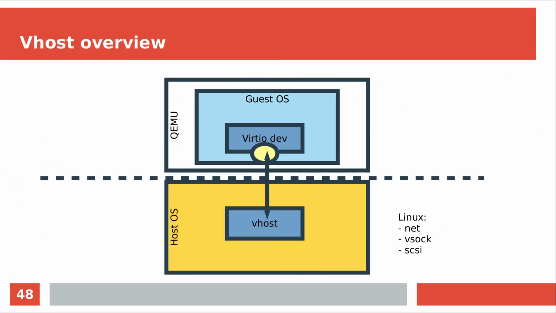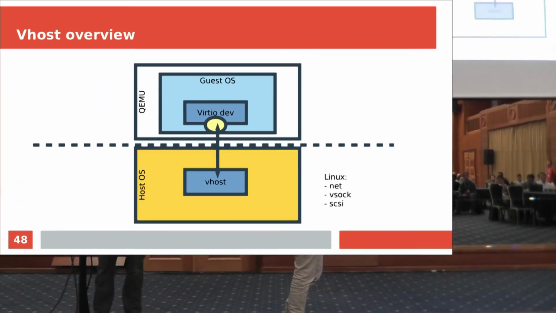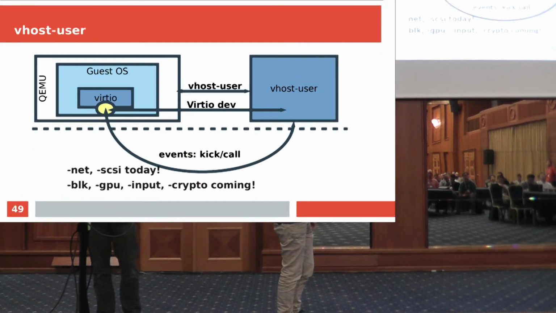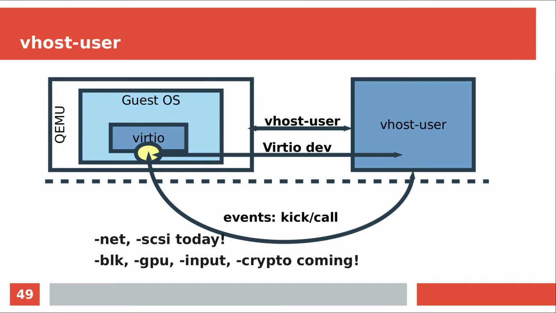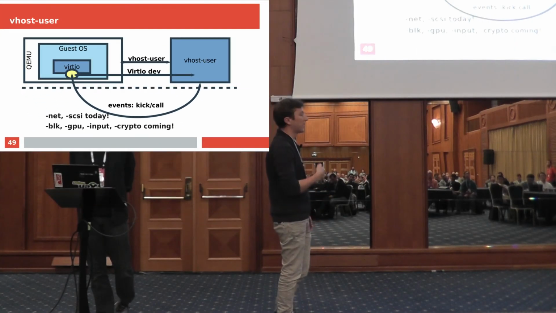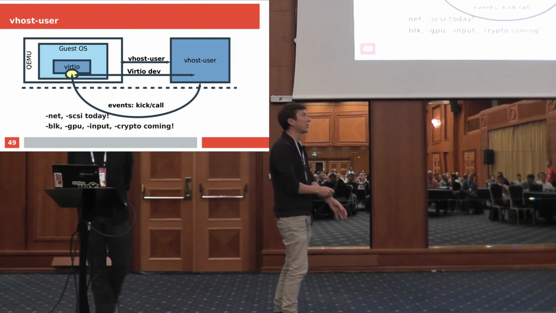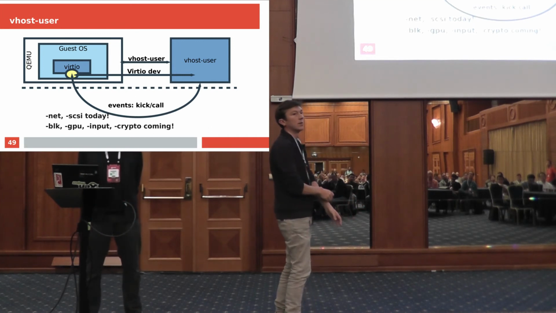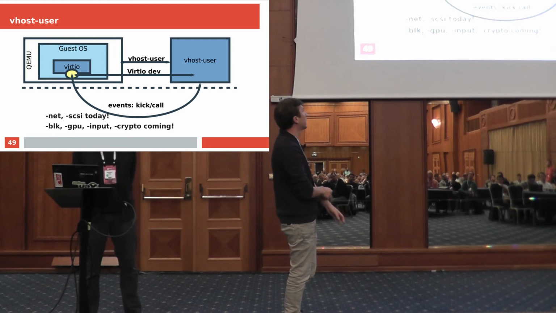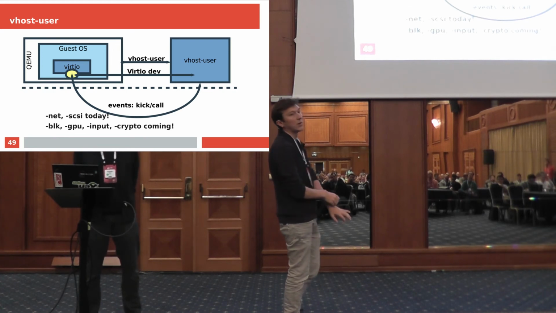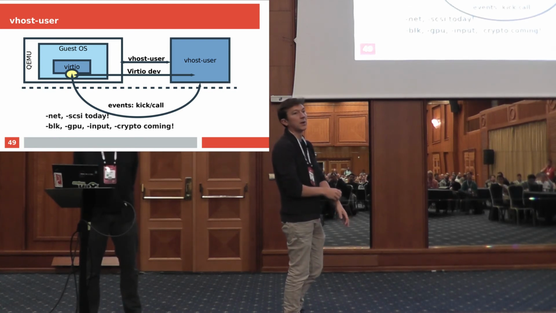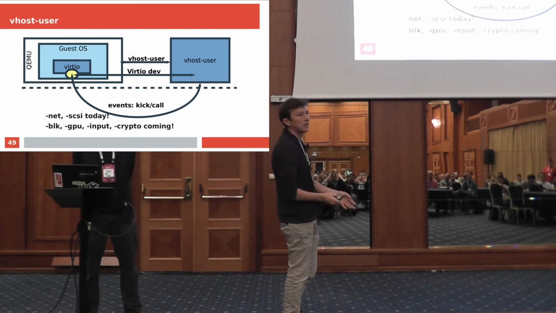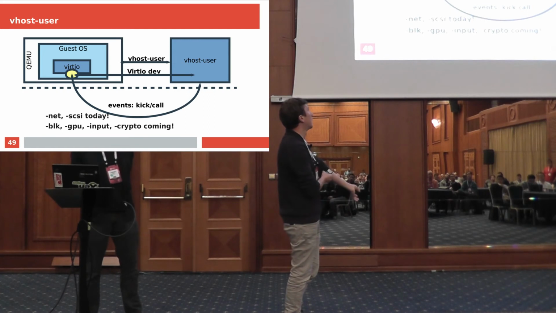So in the case of vhost, you know vhost accelerates device handling on the kernel side. It's been modified to work also in user space by using the same kind of protocol over a socket, basically, and it's very successful. We have seen a trend recently. It used to be for DPDK and packet switching and mostly network stuff. Now we have SCSI and block coming.